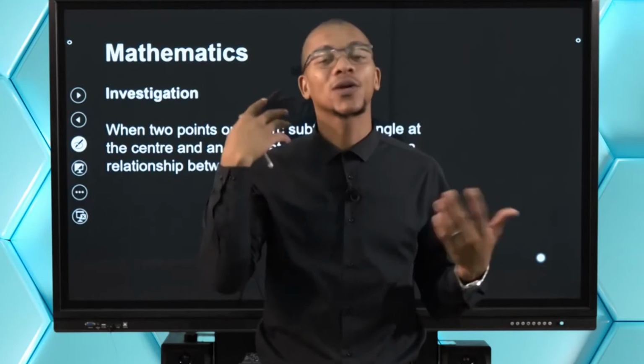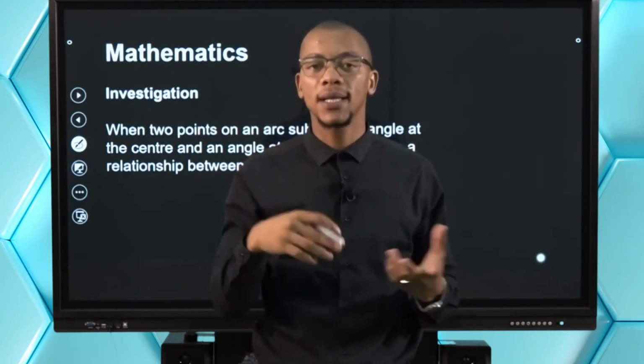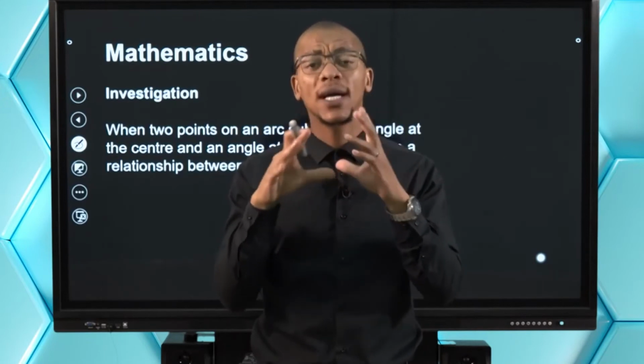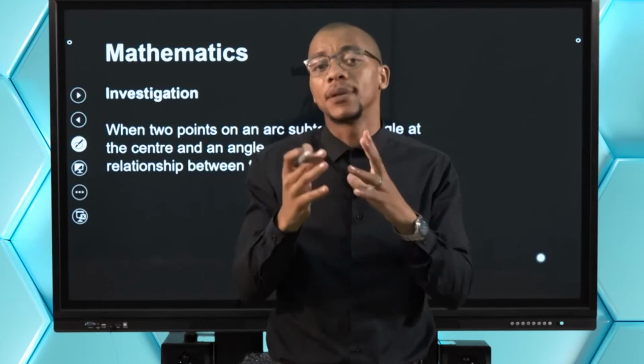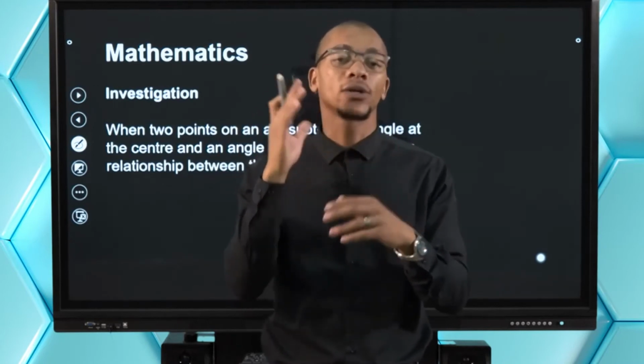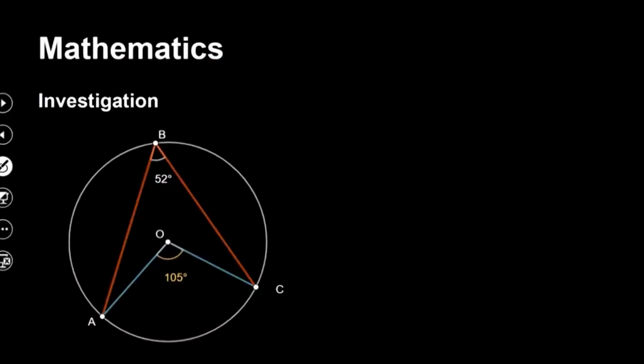And remember, we're going to be using an investigation. I'm going to be showing it with my pen, but you can try and find this at a later stage and move it as the instructions are going to be saying to you. Now, you can see that here, if this angle is 105 and that angle is 52, there is really no relationship between the two at the moment.